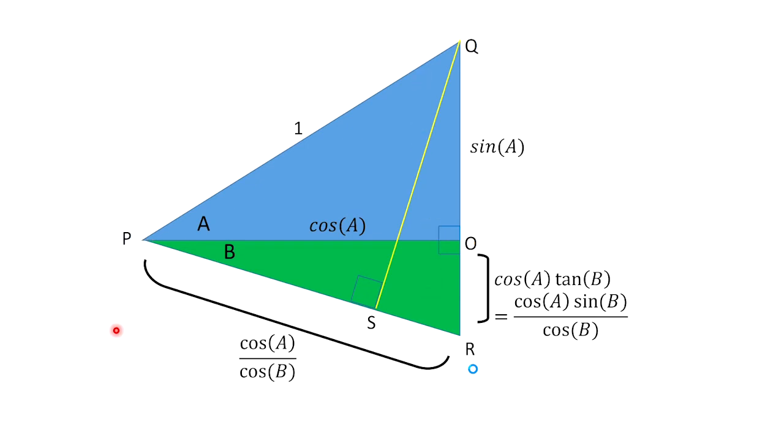PQR. The area of triangle PQR can be computed in two ways. We use PR as a base, times QS, that's the height, divided by 2.